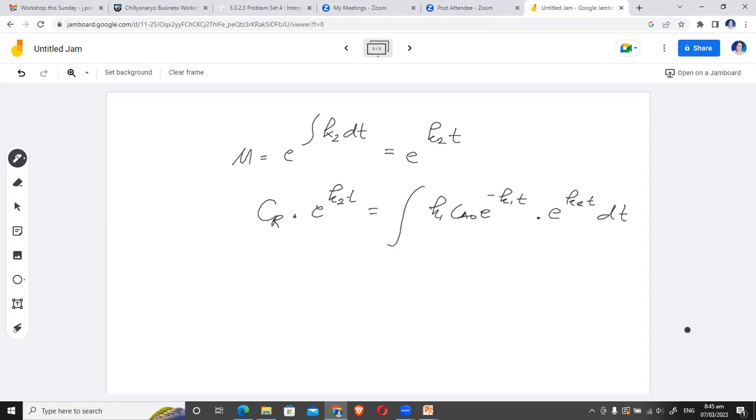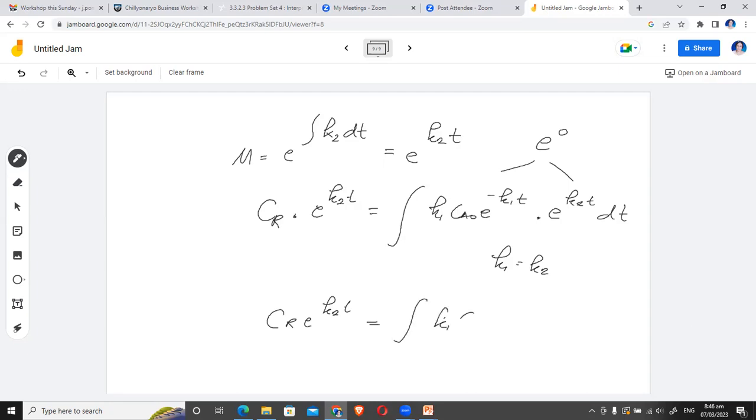Now with k sub 1 and k sub 2 being equal, what happens to these two? This becomes e raised to 0, because k sub 1 t minus k sub 2 t, with the two equal, becomes e raised to 0. So you have C sub r e raised to k sub 2 t, and a more simplified integral to deal with.